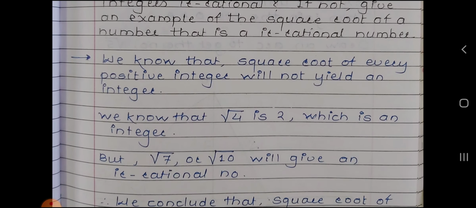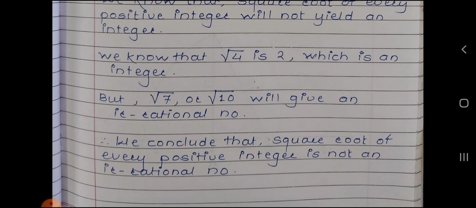But square root of 7 or square root of 10 or square root of 11 will give irrational numbers. Therefore we conclude that the square root of every positive integer is not an irrational number.